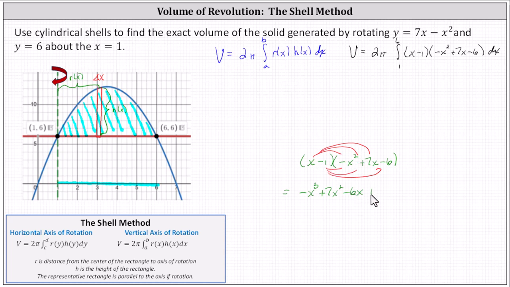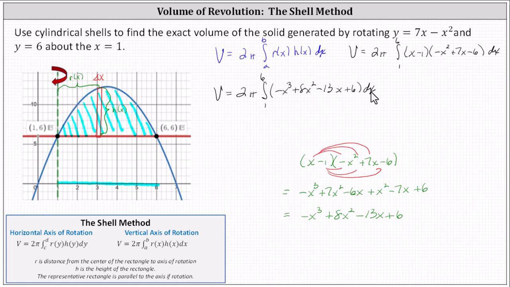Distributing negative 1, we have plus x squared minus 7x plus 6. And combining like terms, we have negative x cubed plus 8x squared minus 13x plus 6, which means the volume V equals 2 pi times the integral from 1 to 6 of negative x cubed plus 8x squared minus 13x plus 6.